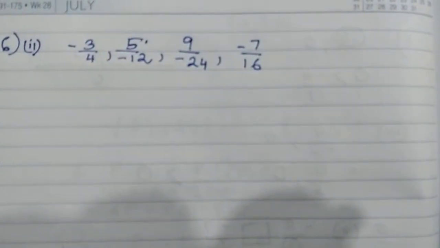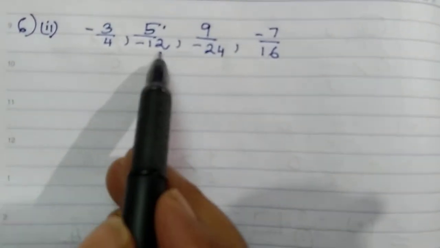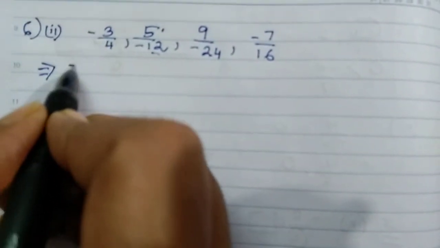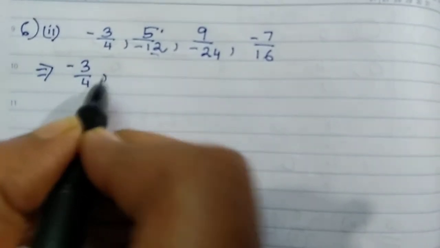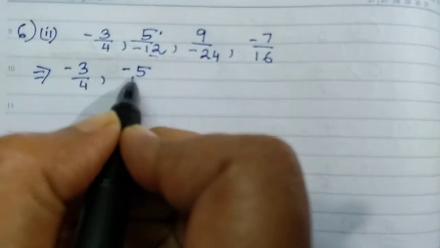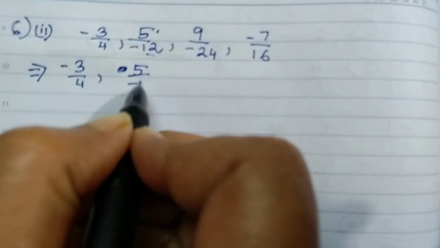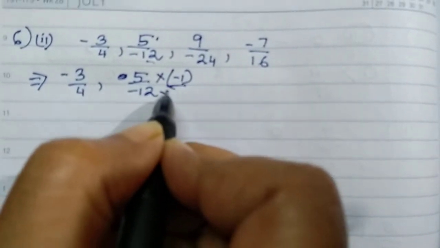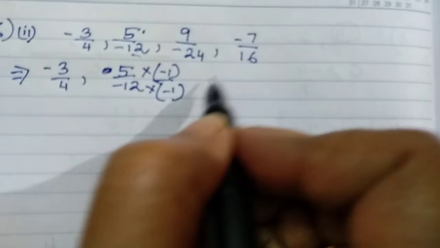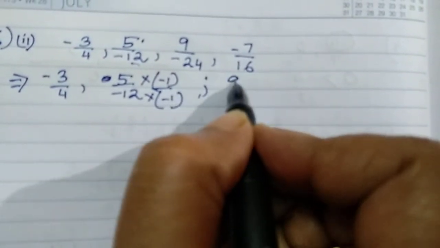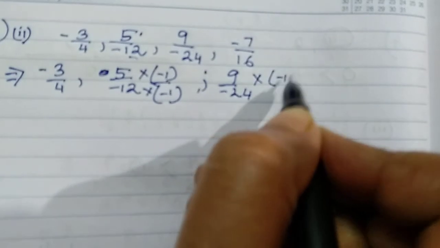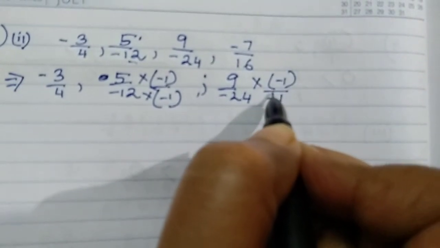The first thing we've told you several times is make the denominator positive. So I can write the numbers as minus 3 by 4, 5 by minus 12 into minus 1 into minus 1, then 9 by minus 24 into minus 1 into minus 1.